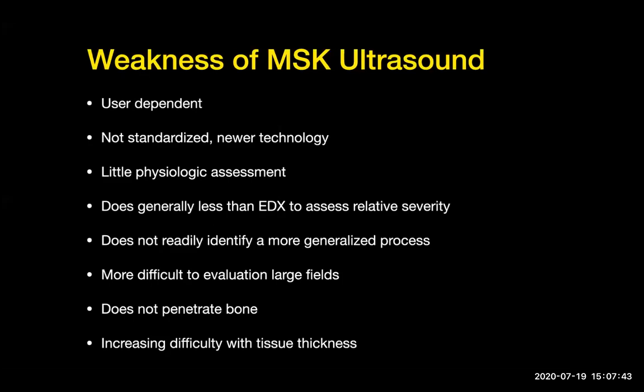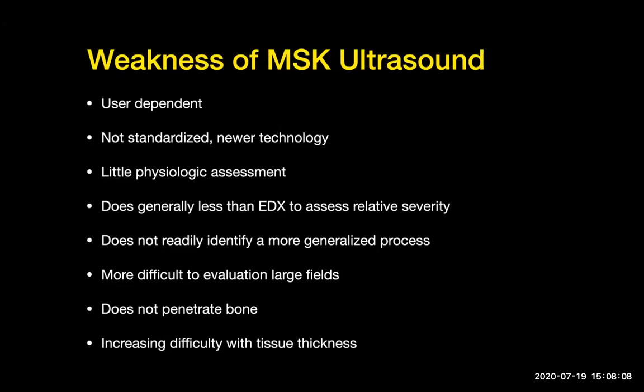So if you compare EMG and ultrasound, it has lesser ability to assess that. It does not really identify a more generalized process and is more difficult for evaluating large fields. So if there is a very big area of involvement of that specific site, then it will be very difficult to use just an ultrasound. It does not penetrate bone.